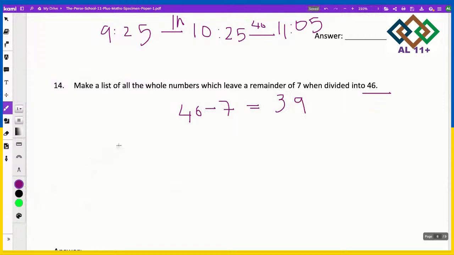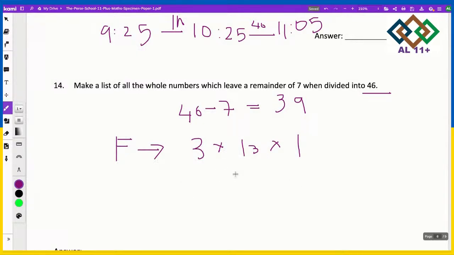And then try doing the factors of 39. Factors of 39 would be 3, 13, and 1. So these are the factors of 39.